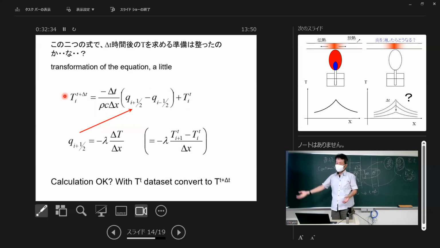Time forward marching, t plus delta t is calculated. This is the explicit method, very simple, very easy to understand. Okay, so the calculation converts the t data set to the t plus delta t. Yes, very easy. This is the explicit method.